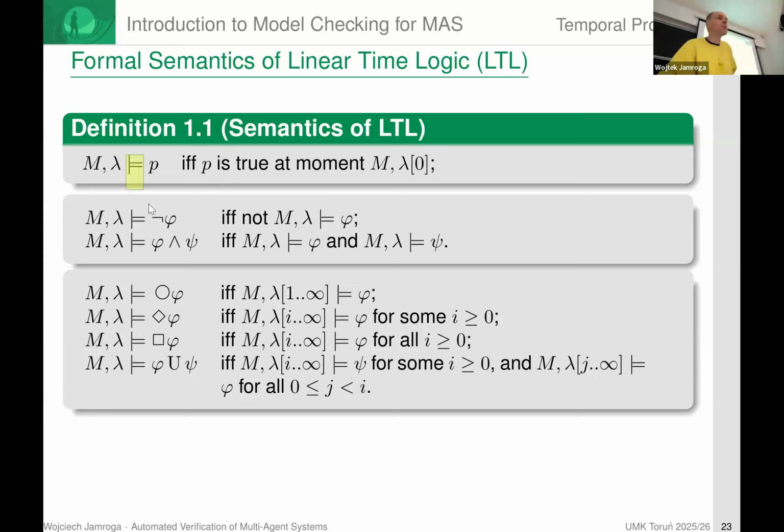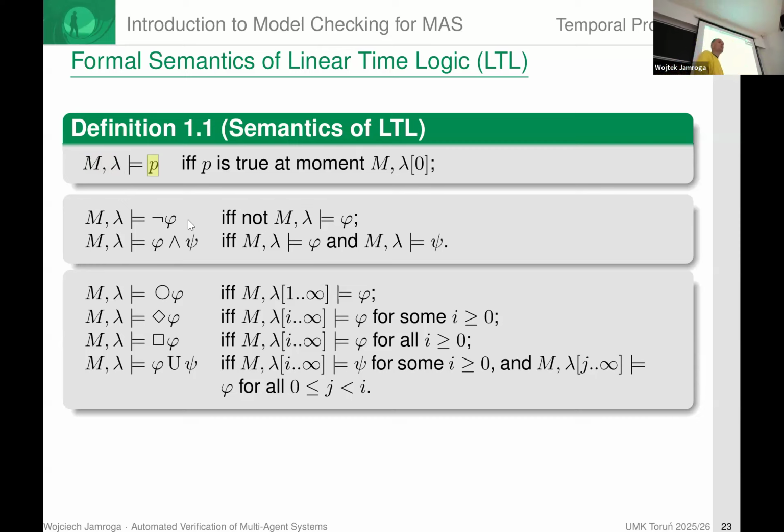So this is the satisfaction relation, and it says in a given model M, in a given transition system M, and in case of linear time logic, we also consider a particular execution path, an infinite execution path. So a sequence of states starting from the current state and then moving on along the transitions. And this part is the formula, okay?